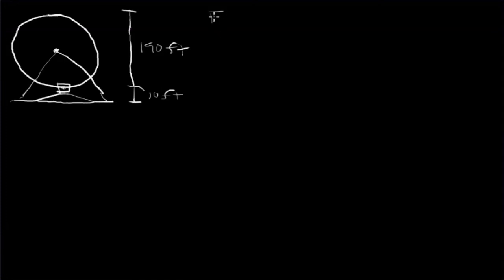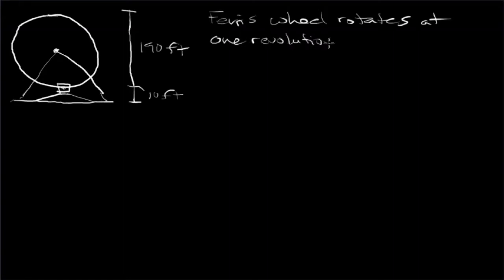So the Ferris wheel rotates at 1 revolution per minute. Okay.